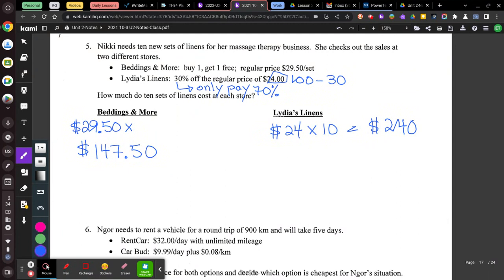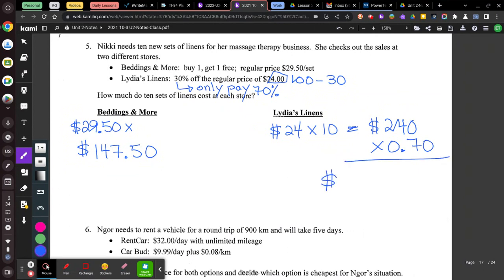That's a sketchy 240. Okay, 240. And now the 240 is what we multiply by 0.70. And that's going to give us our total cost.